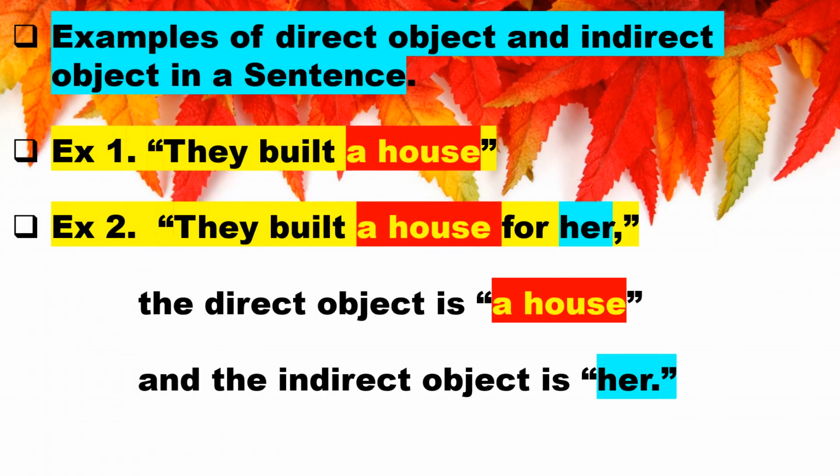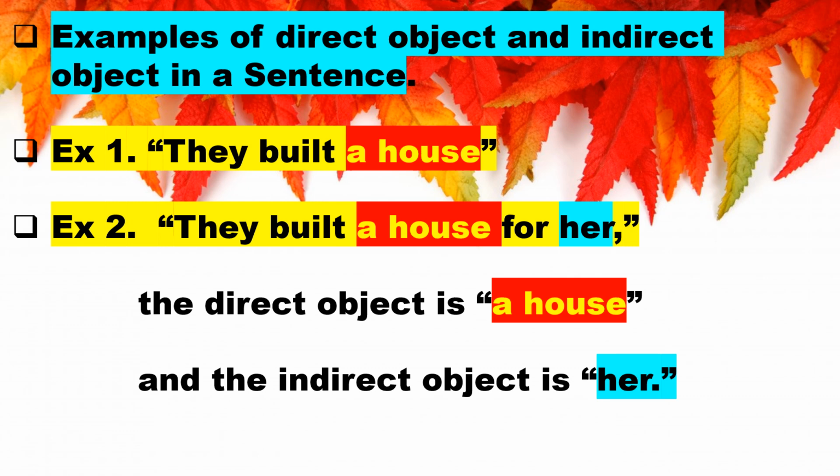I have given you one more example to make the topic more clear. Example 1. They built a house. So what is the direct object here? A house. In example 2, they built a house for her. So what is the direct object here?